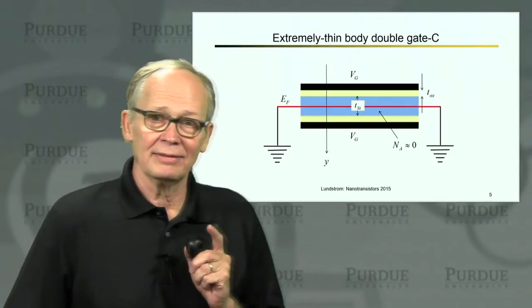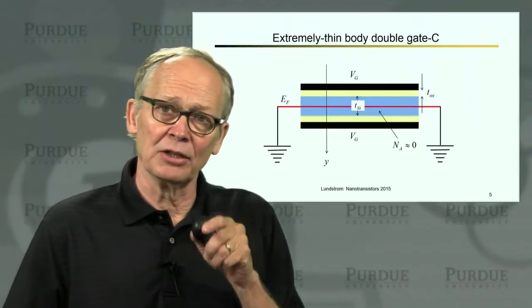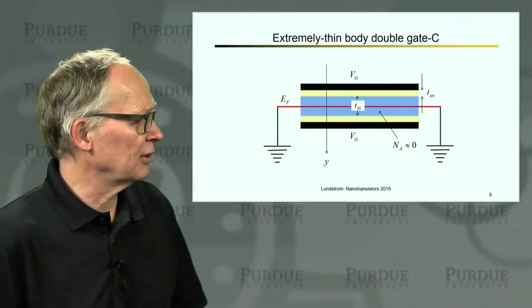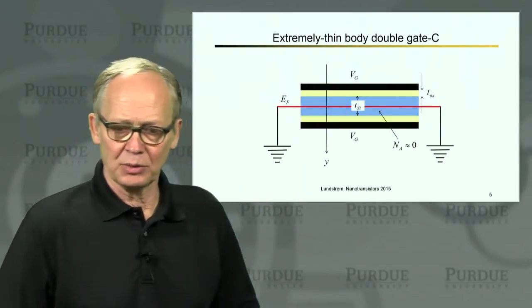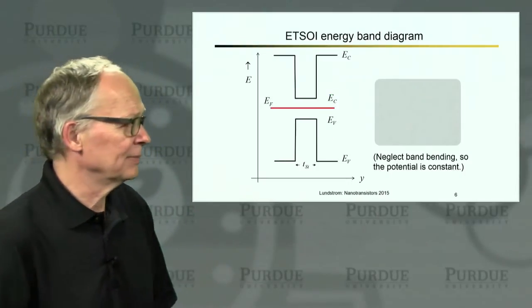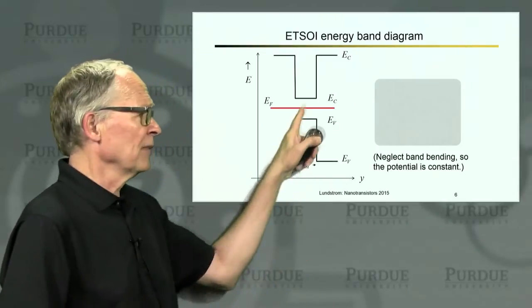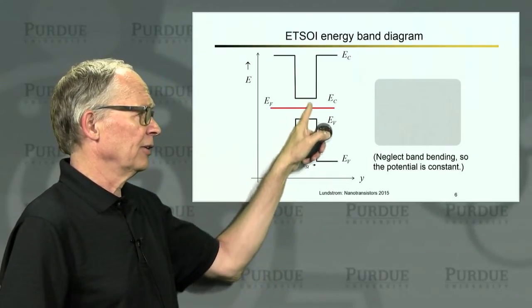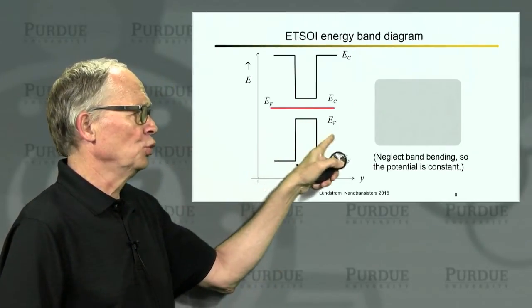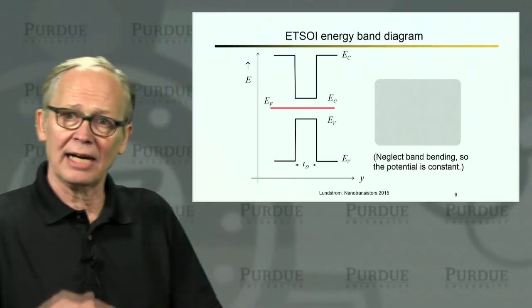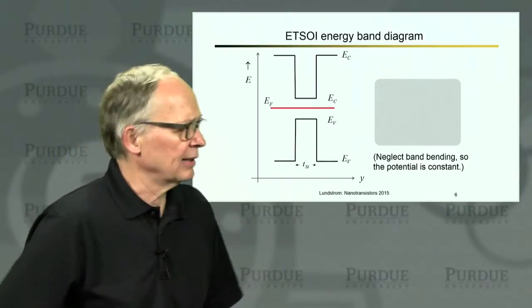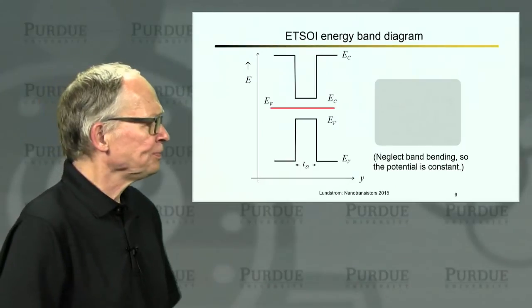We're going to be looking in the normal direction on this double gate structure and asking ourselves what happens in that normal direction. So if we were to plot an energy band diagram in the normal direction, we would have our thin silicon layer here, surrounded by 2 wide bandgap insulators on the top and the bottom. So we've rotated everything in this particular picture.